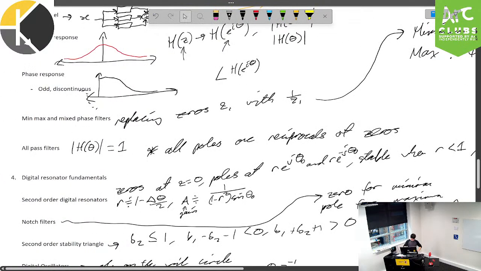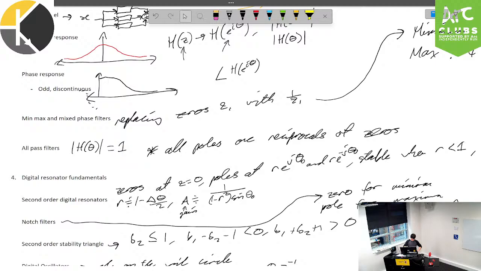Where you actually replace all poles so that you have all your poles be equal to reciprocals of existing zeros. Okay? All right.